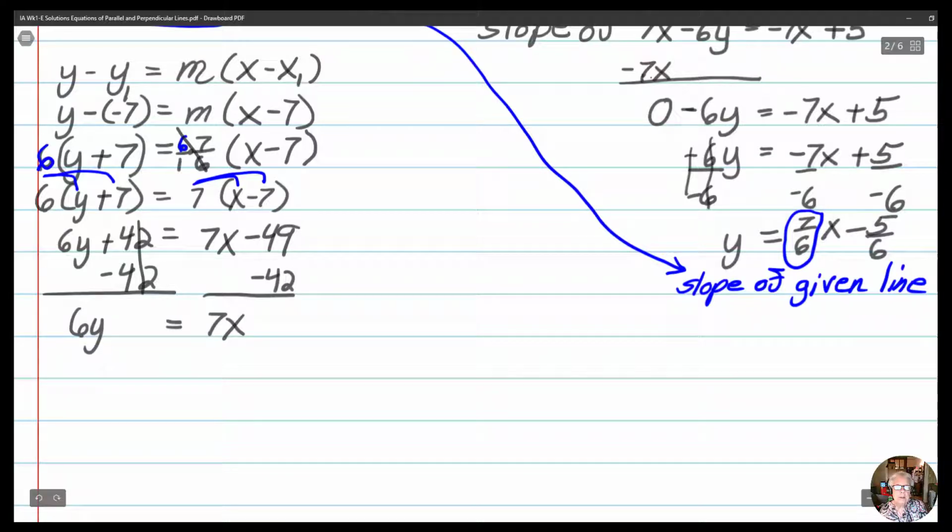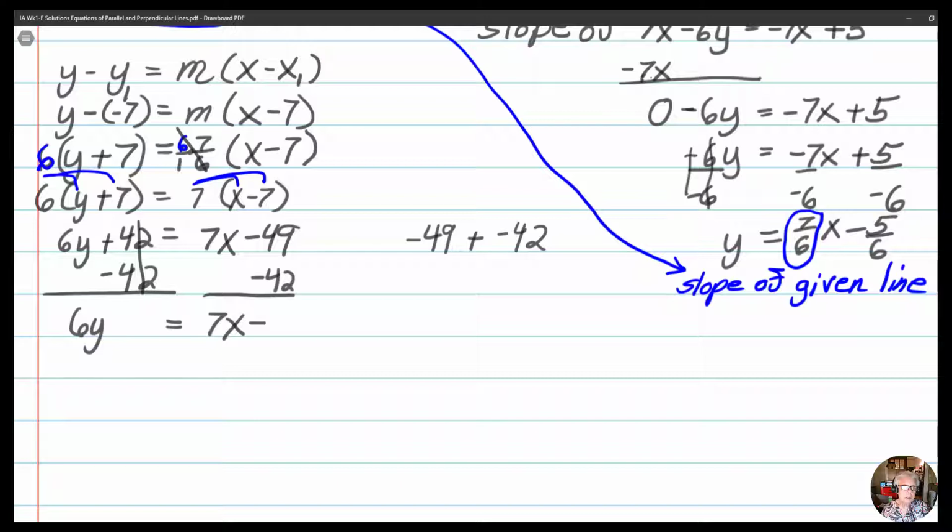Now, when you subtract a number and then subtract another number, that's going to give you a negative number. What you're really doing here, just to make life easier on you, is you've got negative 49 and you're adding negative 42 to it.